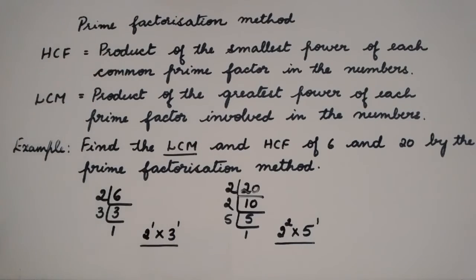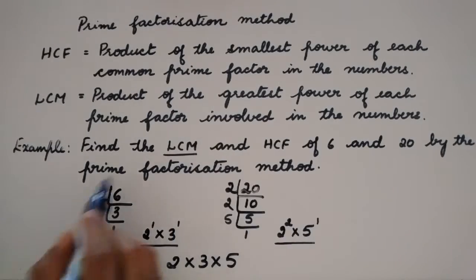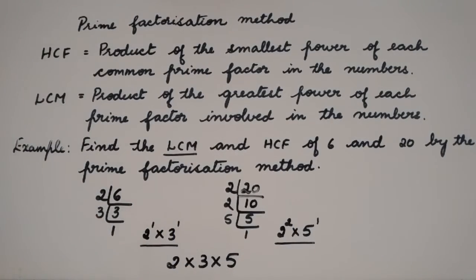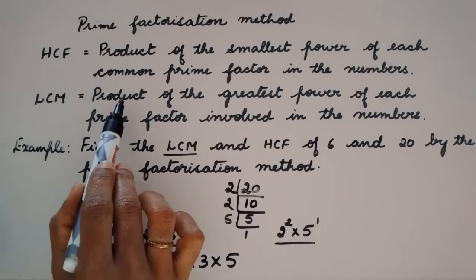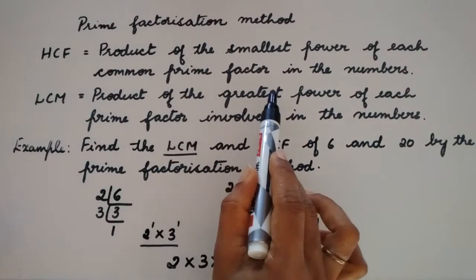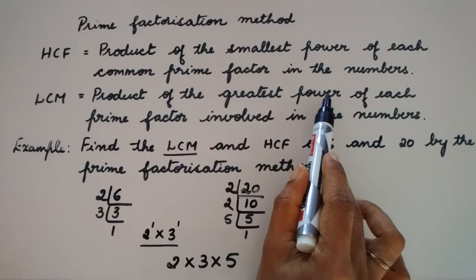Which are the prime factors here? One is 2, one is 3 and one more is 5. So these are the prime factors involved in these numbers. Now we have to write the product of the greatest power.